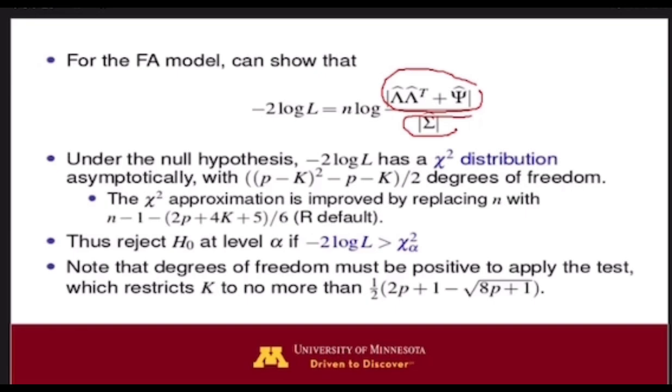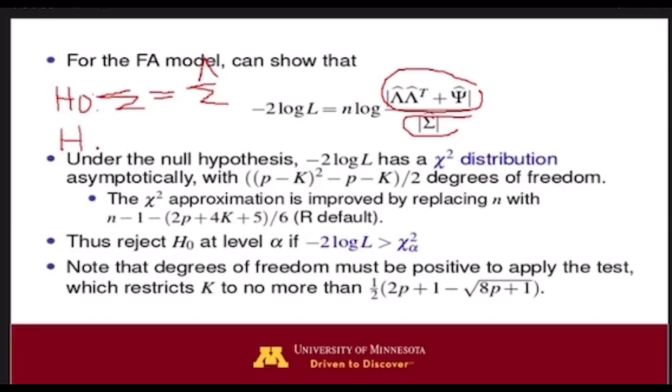And that is the reason why, in the hypothesis that we are testing, please pay attention, we are trying to say the population covariance equals the sample covariance. That is the null hypothesis. The null hypothesis says the factor model works, because the population covariance is the same as the sample covariance, while the alternative says it is not equal.